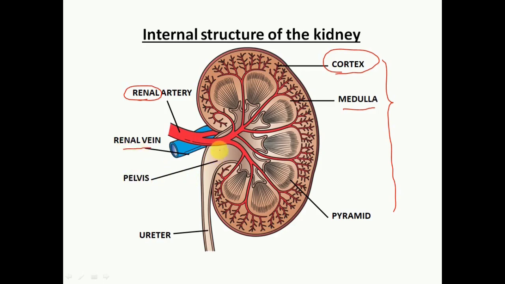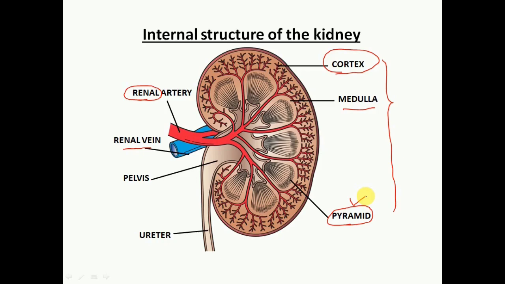This is the pelvis, the broad part into which the urine flows after absorption, and the main thing that is present is the pyramid. Pyramids are the kidney tubules which are responsible for the purification of the blood and for the urine formation.